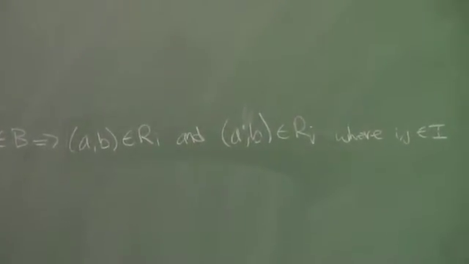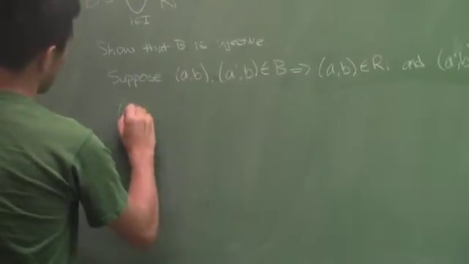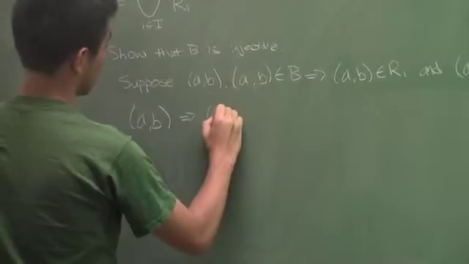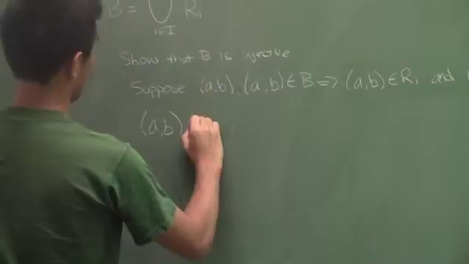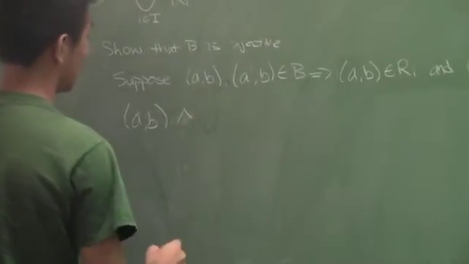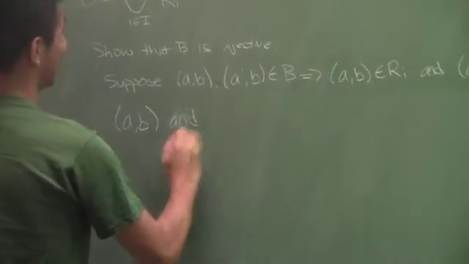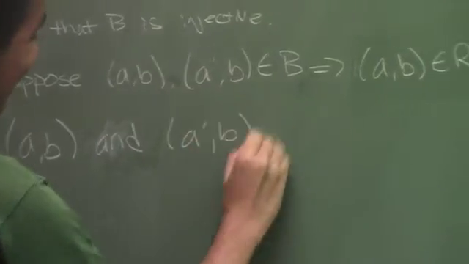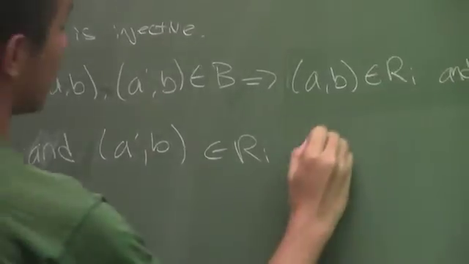So (a, b) and (a prime, b) belong to Ri for some i.